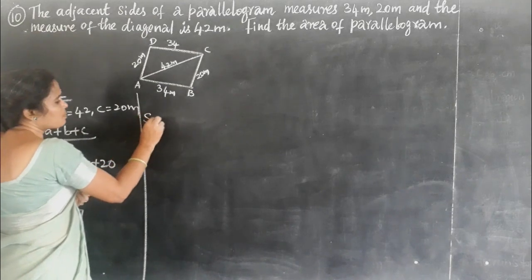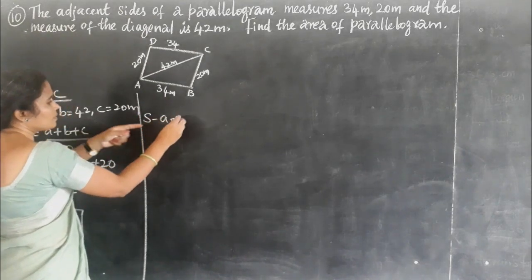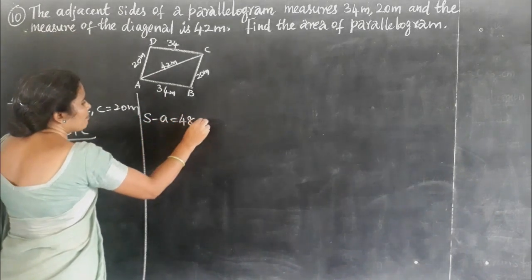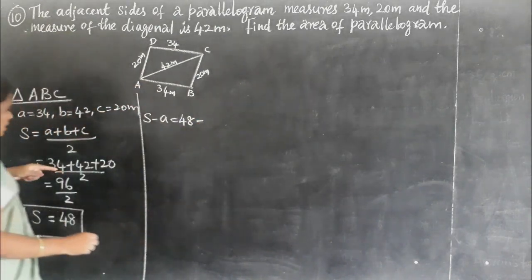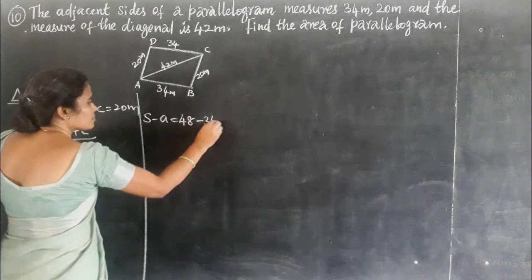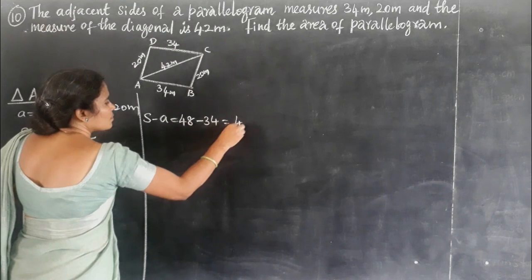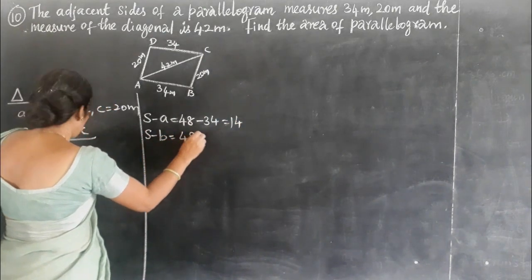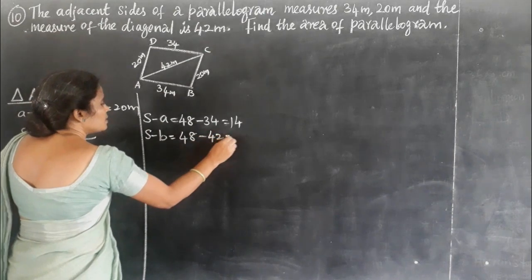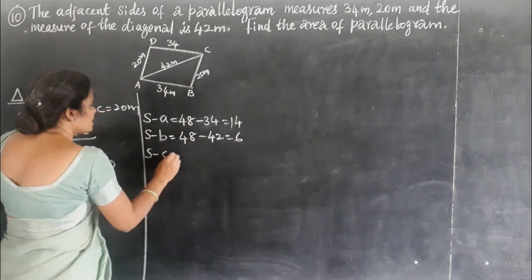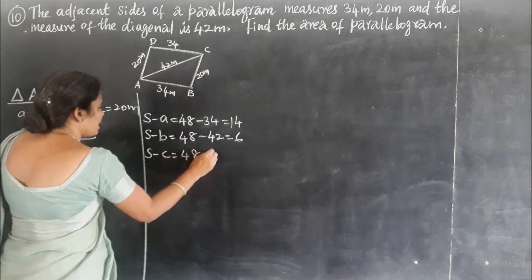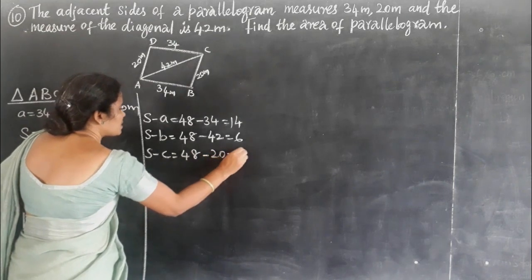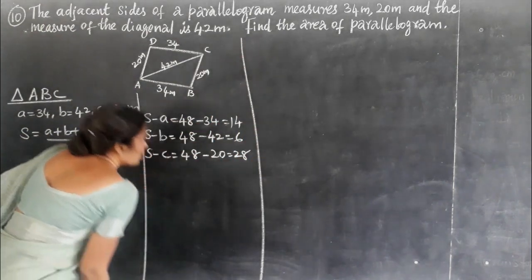Now S minus A is 48 minus 34, which is 14. S minus B is 48 minus 42, which is 6. S minus C is 48 minus 20, which is 28.